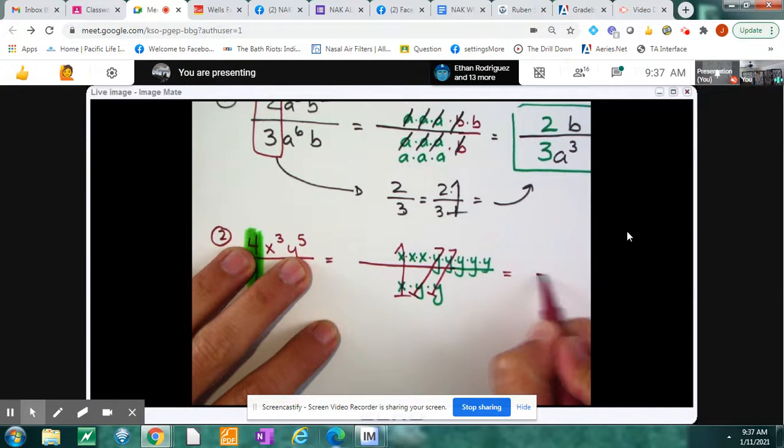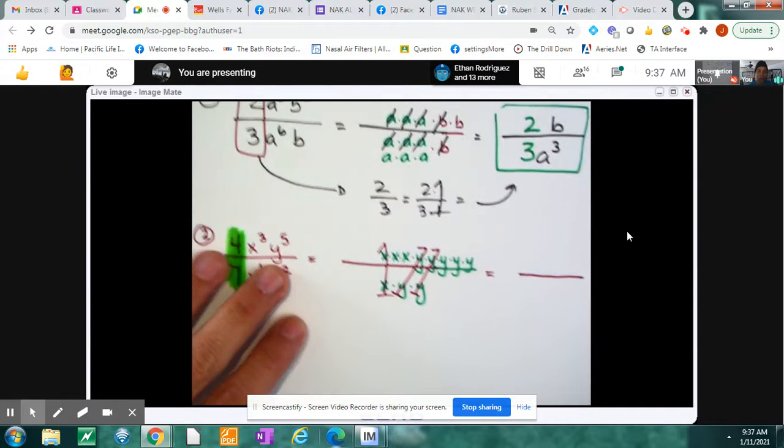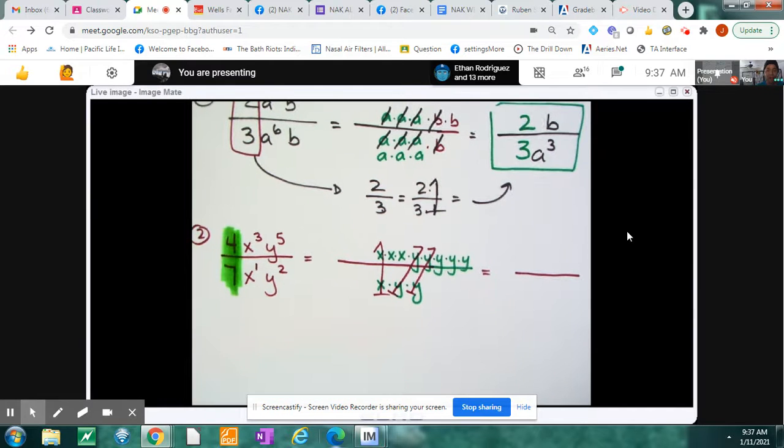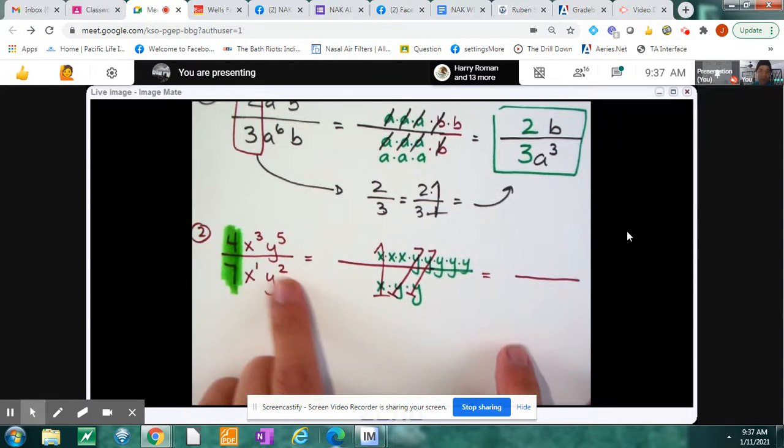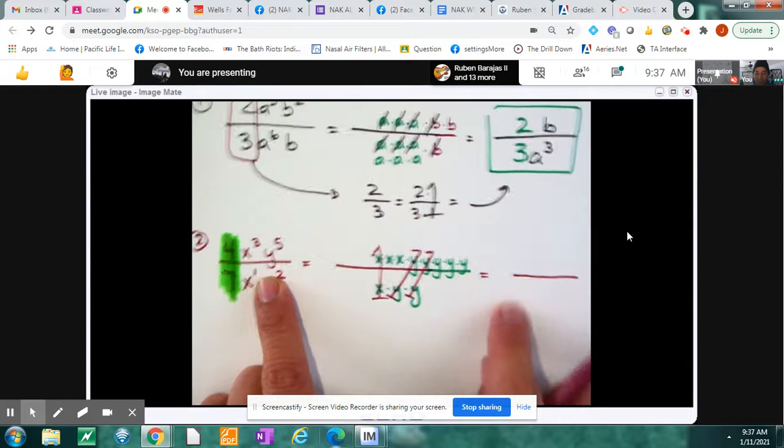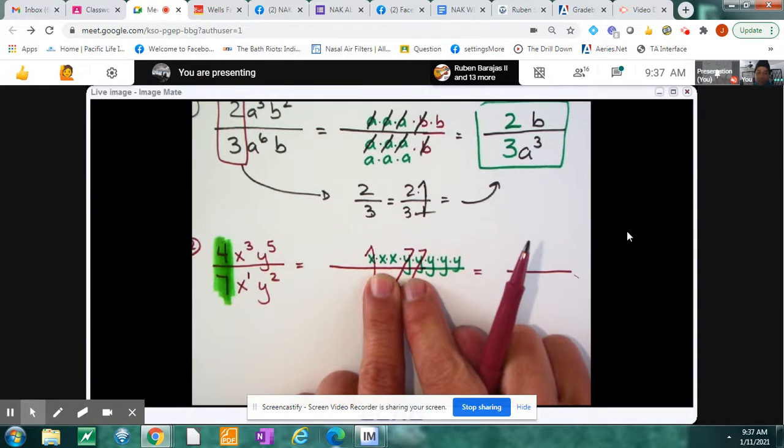So let's do the variables, the easy stuff, right? So now what do we get? Anybody? Giovanni, what's left over on the x's on top?